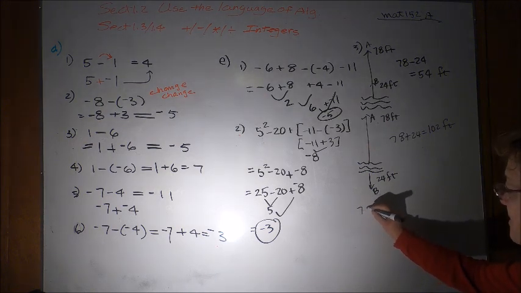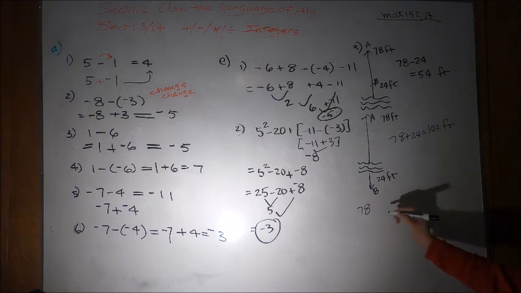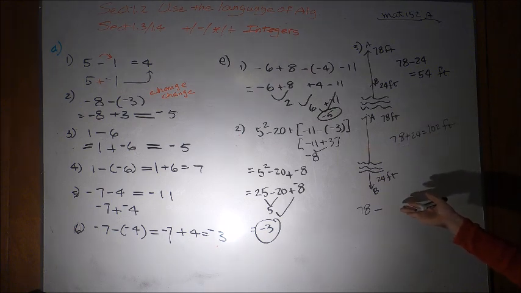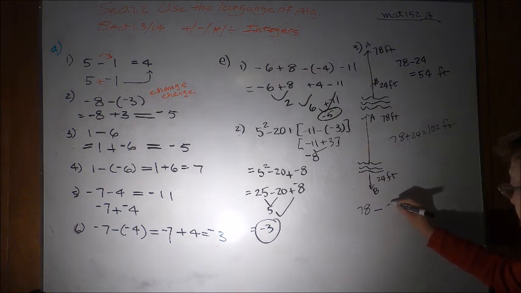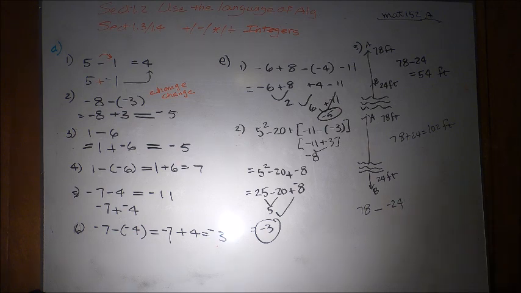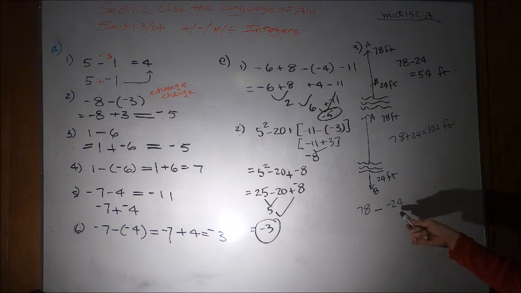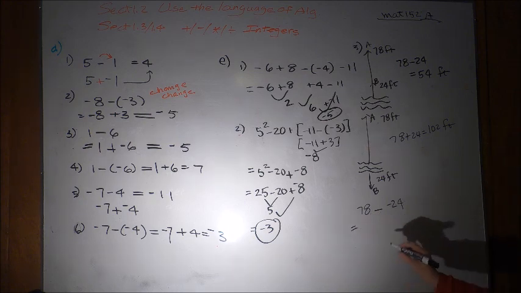So if I do 78 minus another, but the other person is not above, positive, actually it's below, opposite. So we will use the different sign for the opposite position. If it's below, it will be negative 24 feet, right? Because to find the distance we always use subtraction, but you have to specify the position, right? So that would be what?